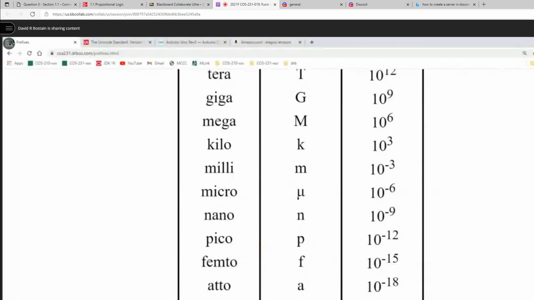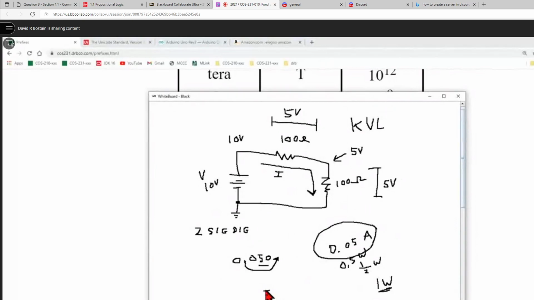So the way I would present this answer is 50 milliamps. The same thing with this watt answer I got. If I was asked what that was, first of all, I would see it's 0.5. I have 1 significant digit. I need to add a second one.